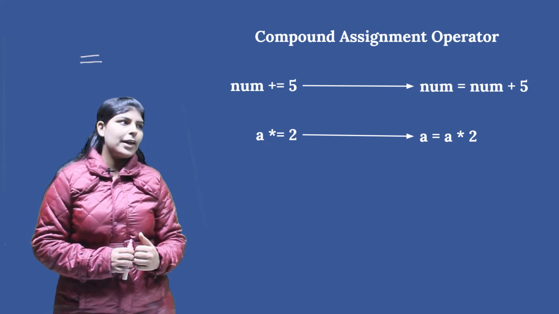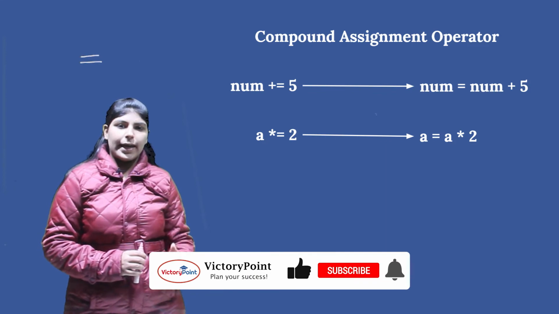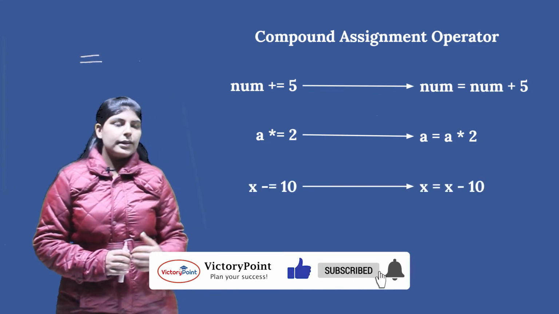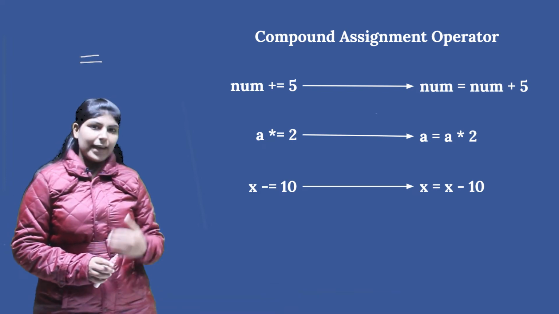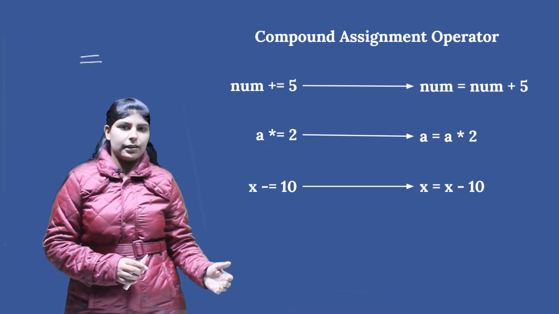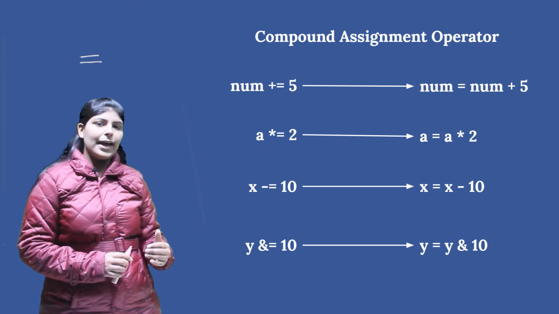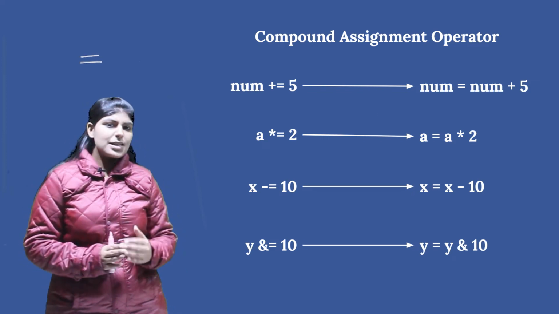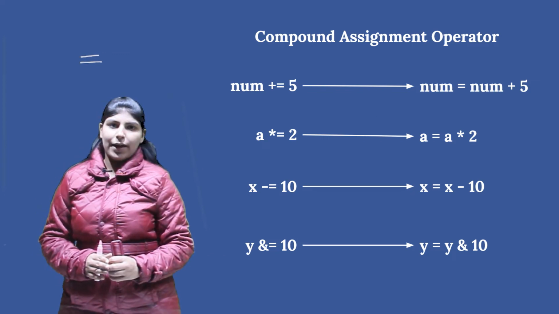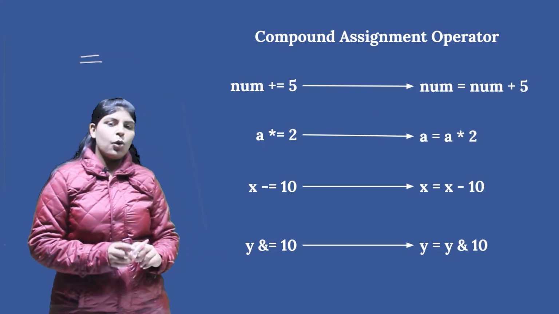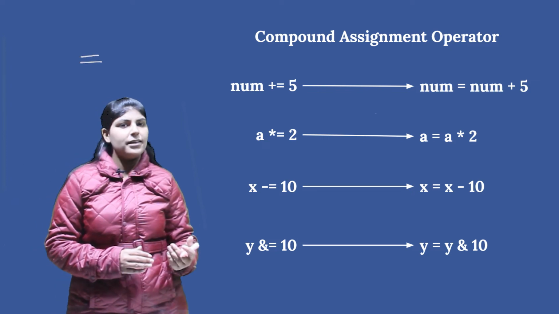So this is equivalent to saying a is equals to a multiply by 2. Next I have x minus is equals to 10. So this means x is equals to x minus 10. Next I have y and is equals to 10. So this means I'll bitwise and y and 10 and store the result back in y. So this is equivalent to saying y is equals to y and 10.